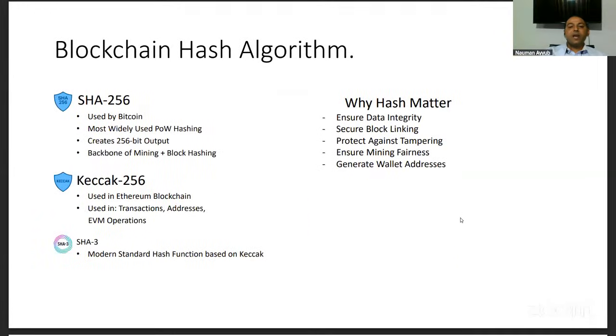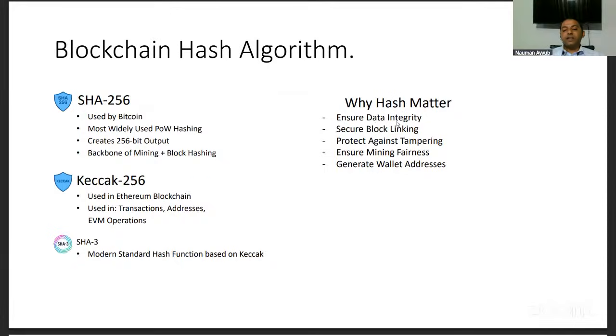Then we have hash. Hash is a one-way function. If we provide some input, it gives us a string of numbers or characters. If anyone tries to change the data and we run the hash function again, it will give us a different output. Hash ensures data integrity and secure blockchain linking.